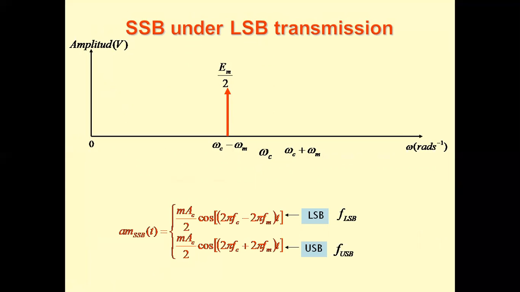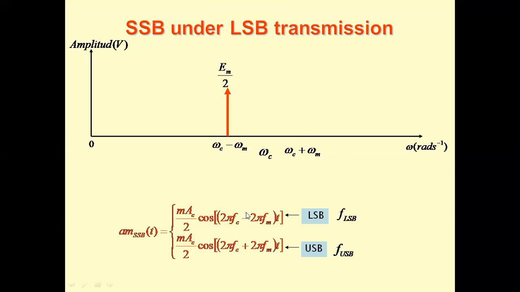And this is SSB with lower sideband transmission. There is no hard and fast rule that you must transmit the upper sideband. You can also transmit the lower sideband while suppressing the carrier and the upper sideband. This is the frequency spectrum of SSB under LSB transmission. Carrier is suppressed, upper sideband is suppressed. We are transmitting only the lower sideband frequency, omega C minus omega M or FC minus FM.